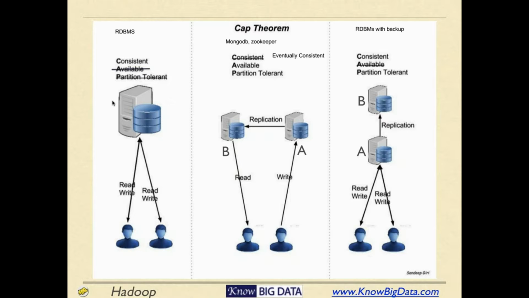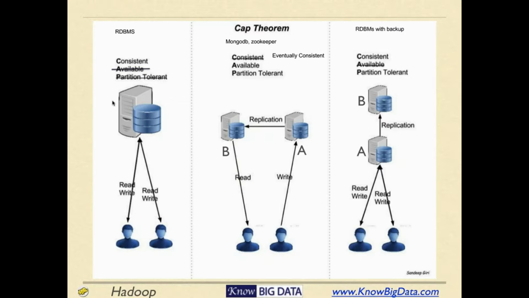We know that after a point of time everything is going to be okay, because we have only one machine accepting writes. So this system is not consistent but eventually consistent, but it's available and partition tolerant.